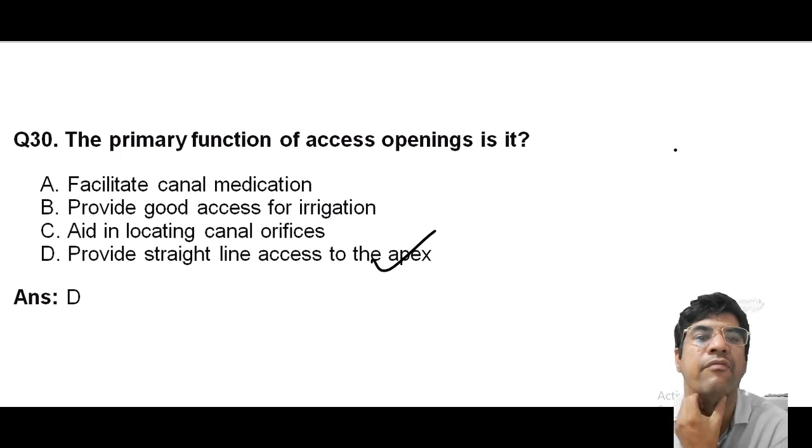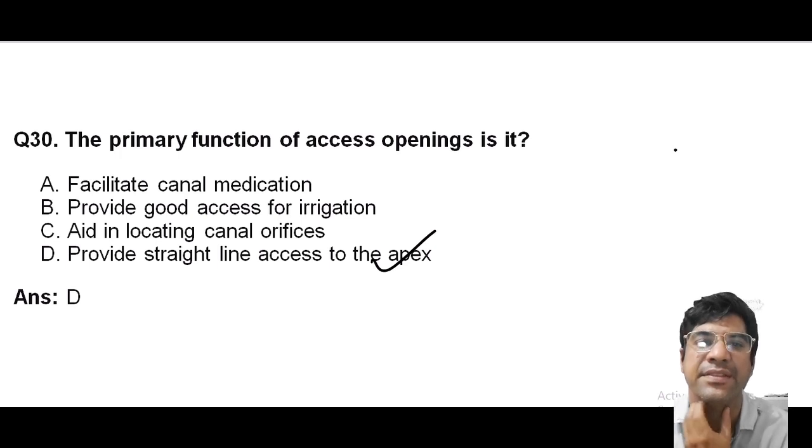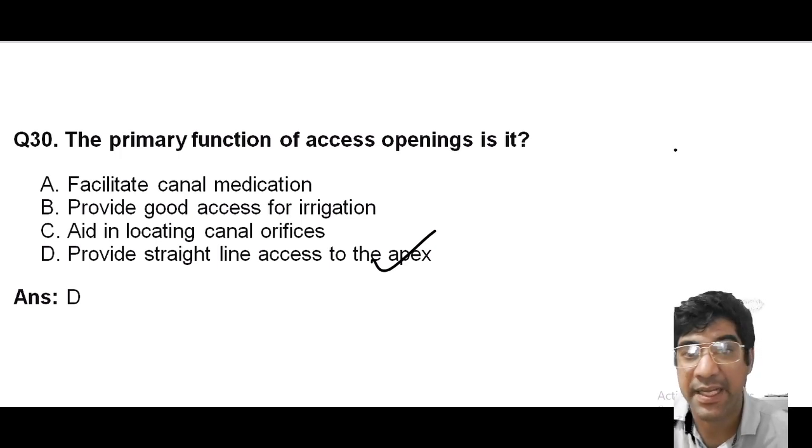So why do we need a straight line access? Creating a straight line access to the apex is the fundamental objective in endodontics.